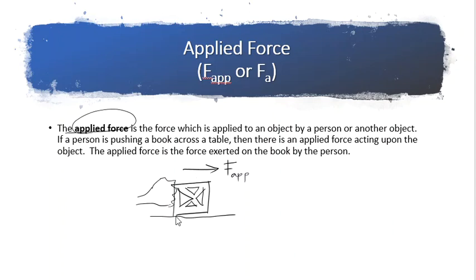And if there is friction between the crate and the floor, then you could draw a friction which is opposing the applied force, like that. Or we can ignore it, then you do not need to draw it.